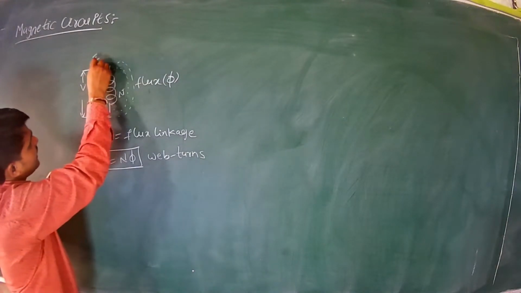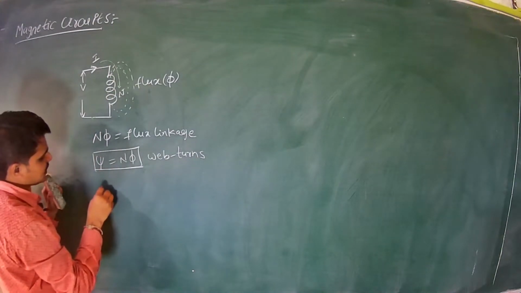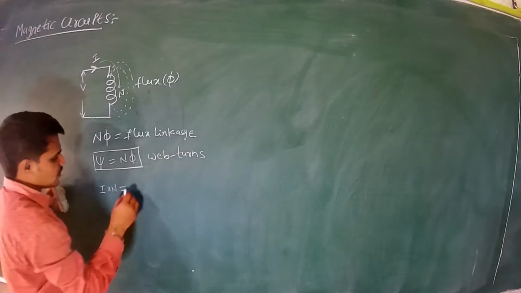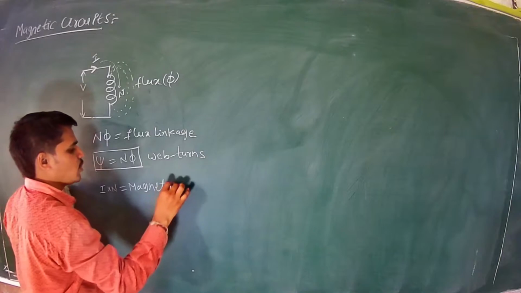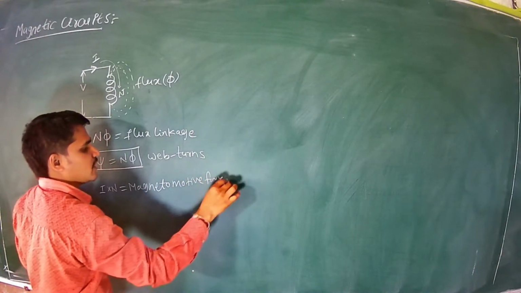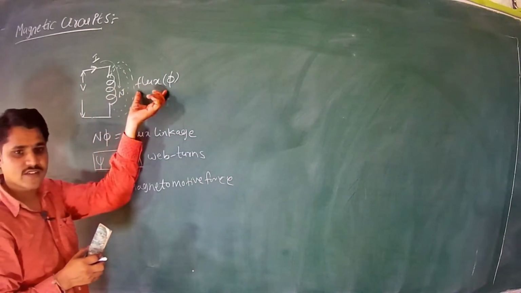Now whenever this current I is flowing in this N number of turns, this is called our magnetomotive force. That means this is responsible for generating this flux.